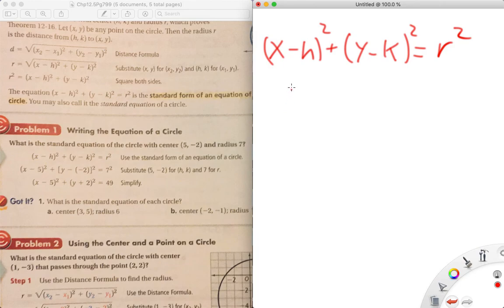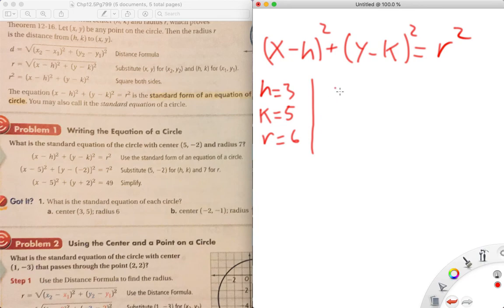Now the center is (3, 5), so that means h is equal to 3, k is equal to 5, and then we have a radius of 6. So when we write this equation out, we're going to substitute the 3 for h, the 5 for k, and the 6 for r.